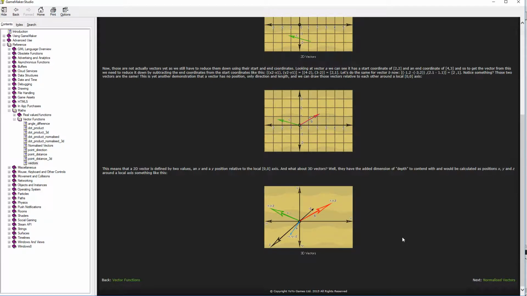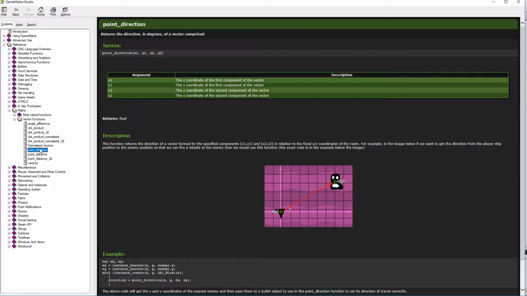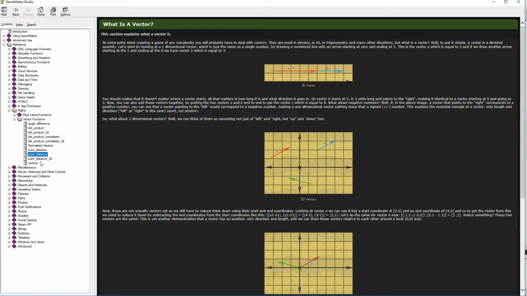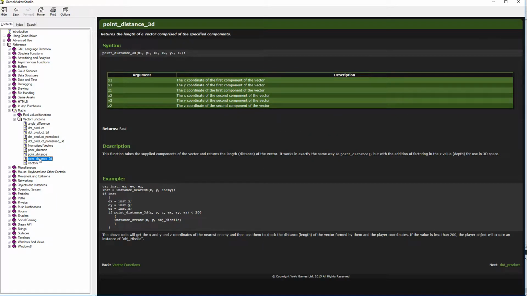So that's what vectors are. We can get point direction, point distance, 3D.